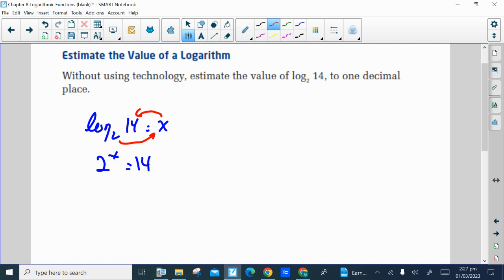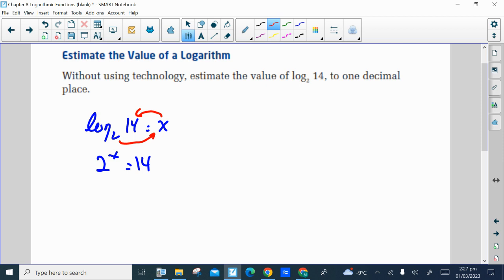So you should realize that's going to be an irrational number. We know that 2 to the 4th is 16. 2 cubed is 8. So 14 is between 8 and 16, closer to 16 than it is to 8. So our answer for x would be closer to 4 than it would be to 3. So maybe 3.8 or something like that.